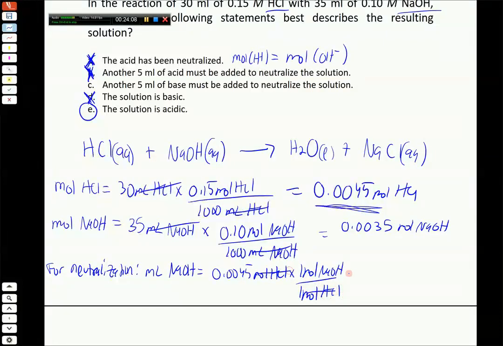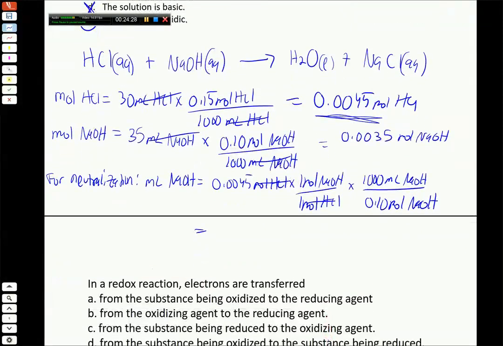And then finally, if we want to find the volume of the NaOH solution, we know that from the molarity, 1,000 milliliters of the NaOH solution would contain 0.1 moles. And so that means the total volume of NaOH solution we'd have to add would be 45.